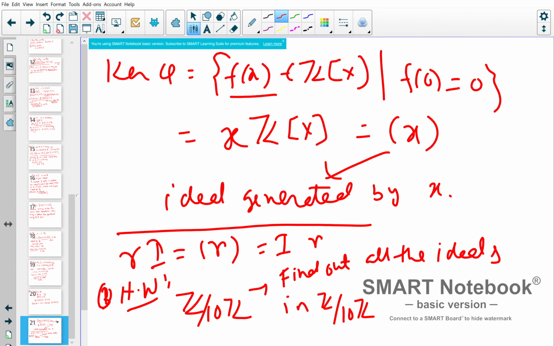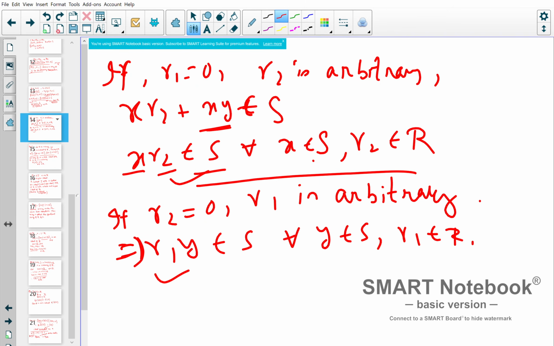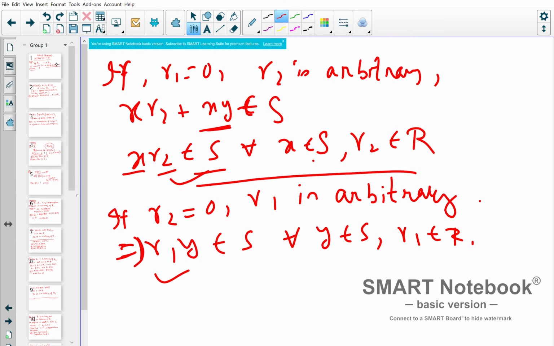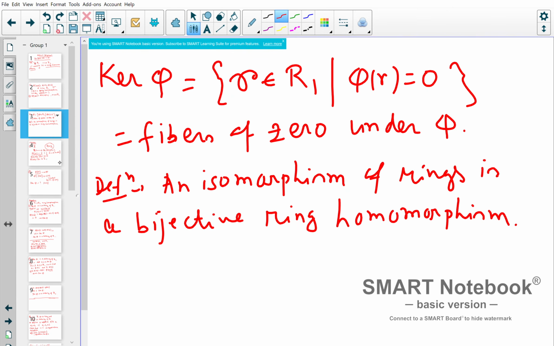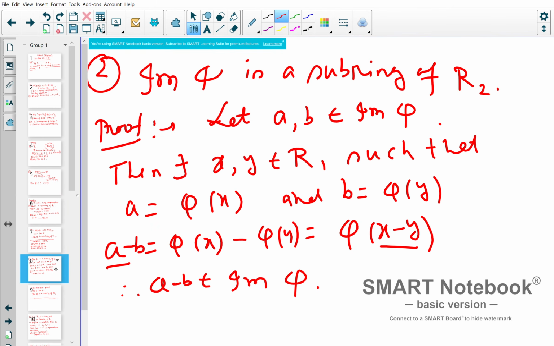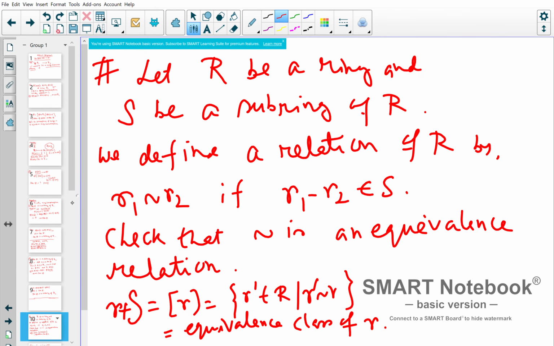Okay, so maybe I will stop today's lecture. Today we have learned a very important idea, called an ideal of a ring. Obviously we started with subrings, and then we checked under which property the quotient becomes a ring, called the quotient ring.